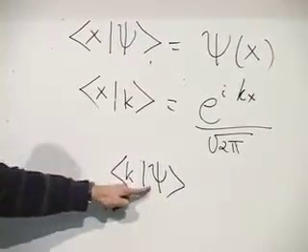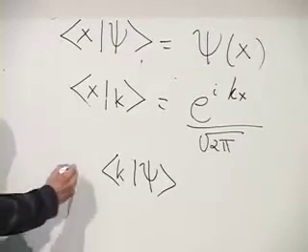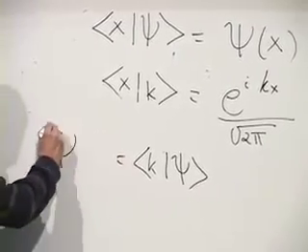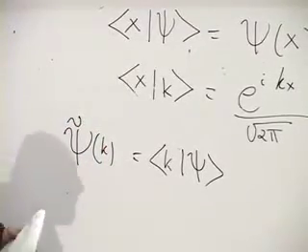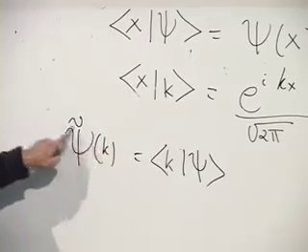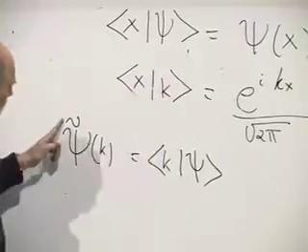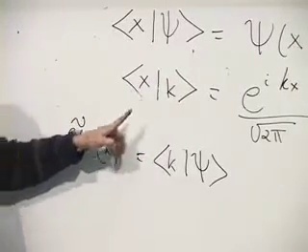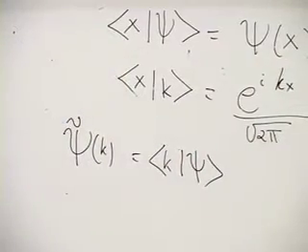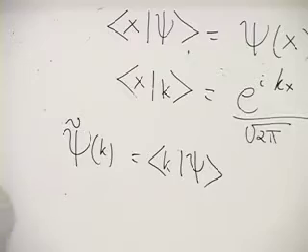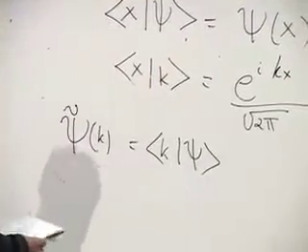The inner product of psi with k, quantity squared, multiply this by its conjugate. Let's call it psi twiddle of k. It's the thing that you square to find the probability for different momenta. I put the twiddle up here to indicate that it's not just psi of x, it's a wave function that depends on momentum, not on position. Its square is the probability that the particle has different momenta, if I were to measure the momentum instead of the position. Okay, let's calculate that.